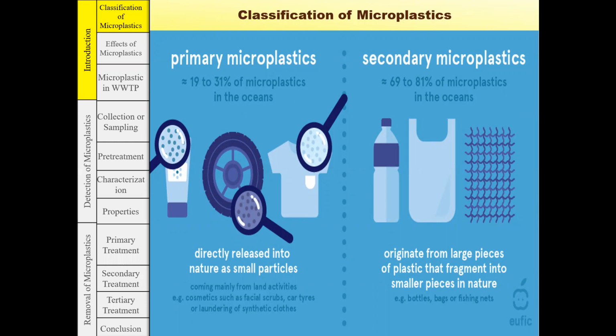So these are basically the disintegrated form of primary microplastic. This type accounts for around 69 to 80% of overall ocean plastic debris. These smaller secondary microplastics are often consumed by marine organisms.